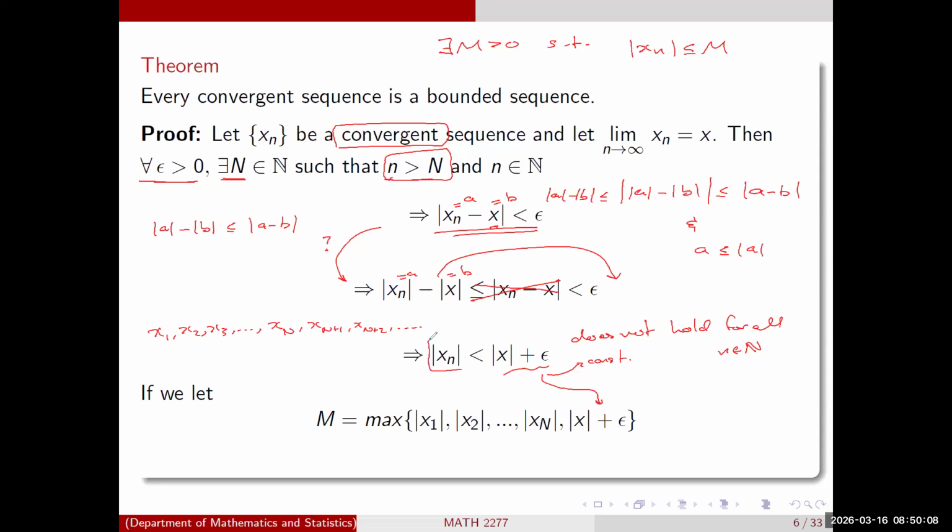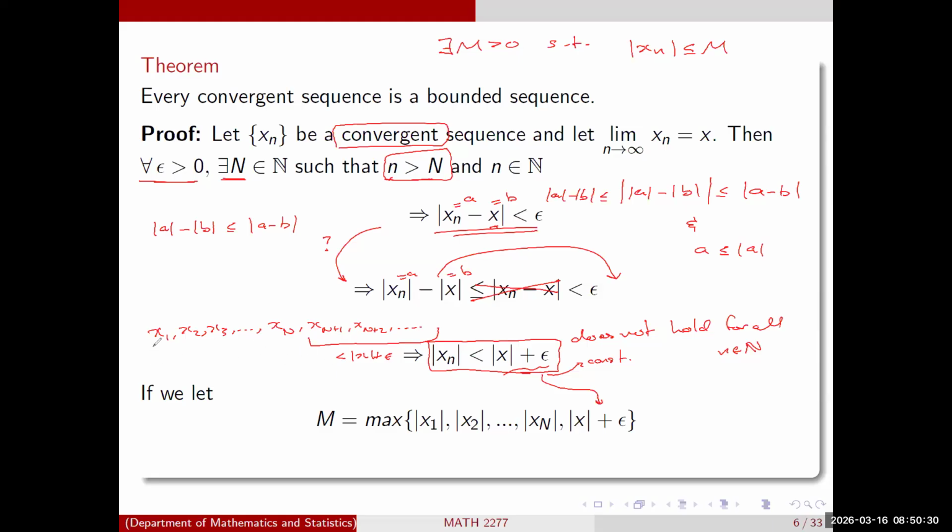What you have just proved here is that all of the terms beyond x big N, these guys, are less than modulus x plus epsilon. All of them, the magnitude of them, are less than modulus x plus epsilon.